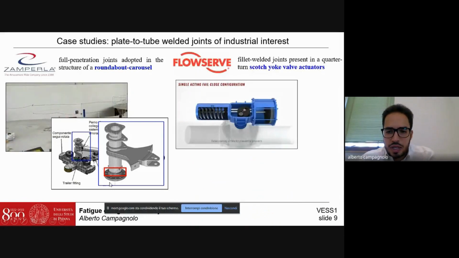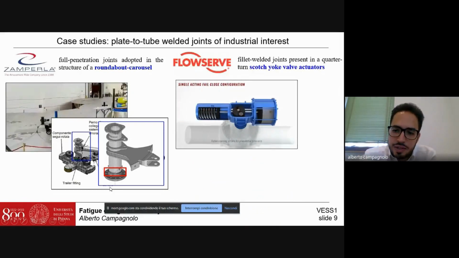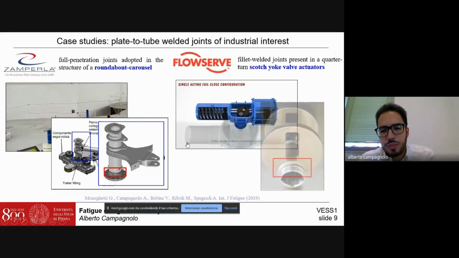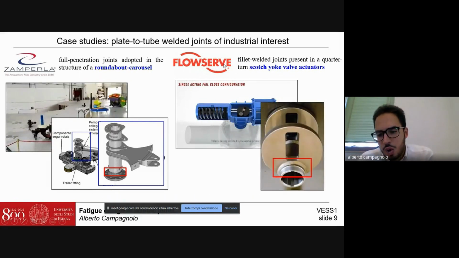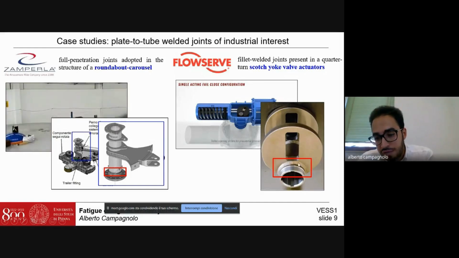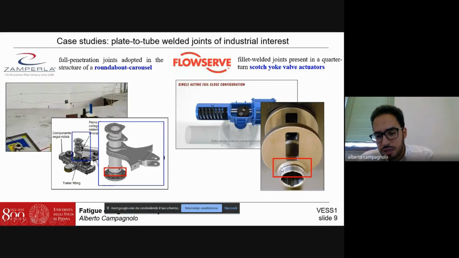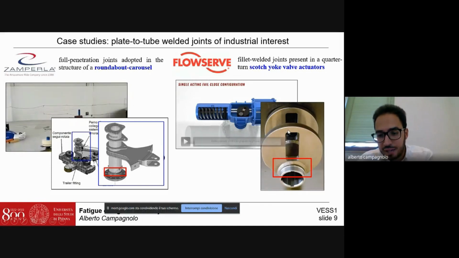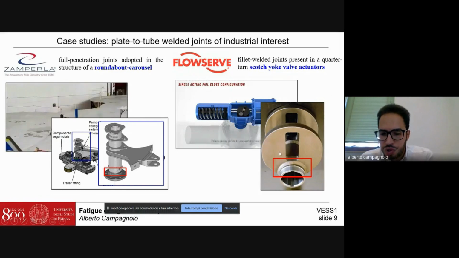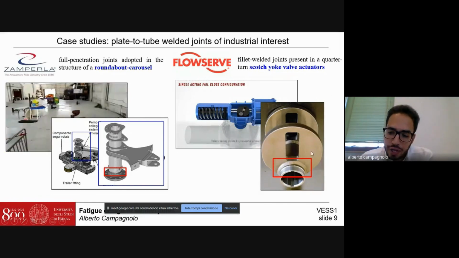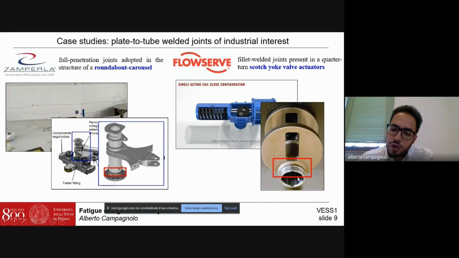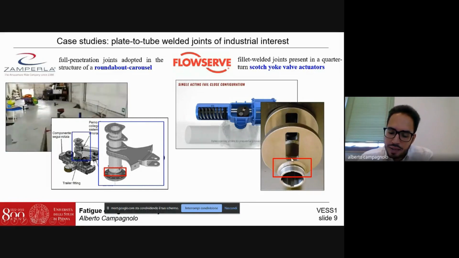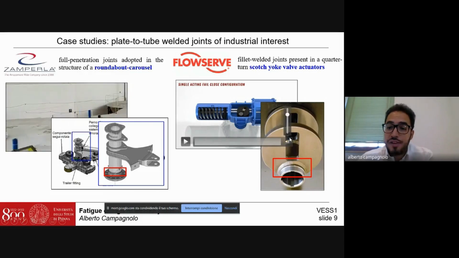Another example is fillet welded joints present in quarter turn Scotch yoke actuators manufactured by Flowserve, which is a fillet weldment generated between a plate with a hole, which is called the yoke wing, and the tube, so that two plates with holes are welded on the tube with fillet welded joints.